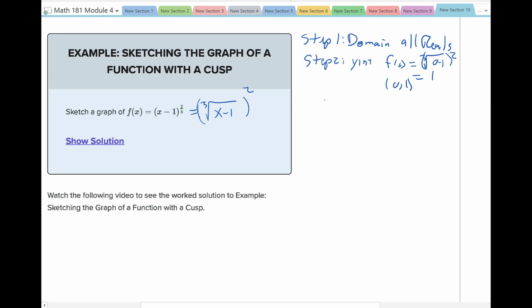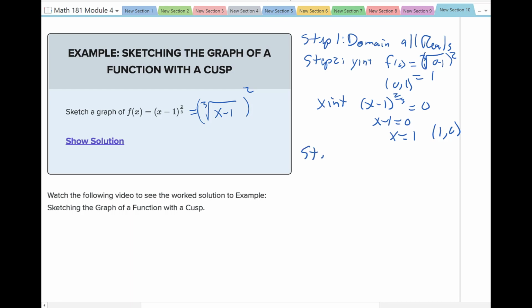That's your y-intercept. Our x-intercept is, if we set that, basically the x minus 1 to the 2/3 equal to 0. So then x minus 1 equals 0. You can raise both sides to the power of 3/2. It cancels that out. So x equals 1. So at 1, 0 is your x-intercept.